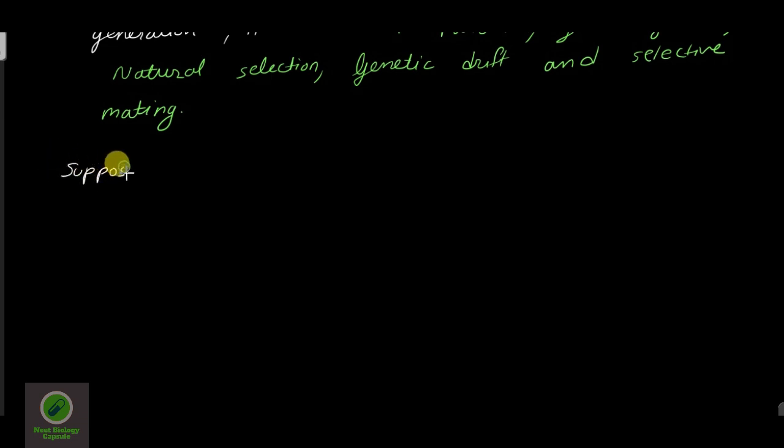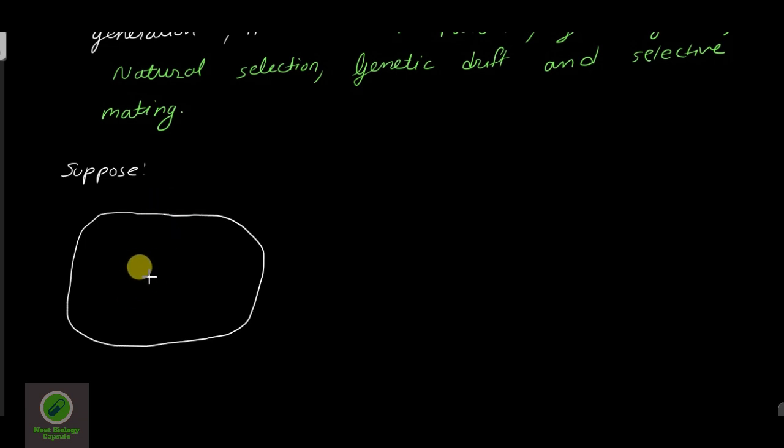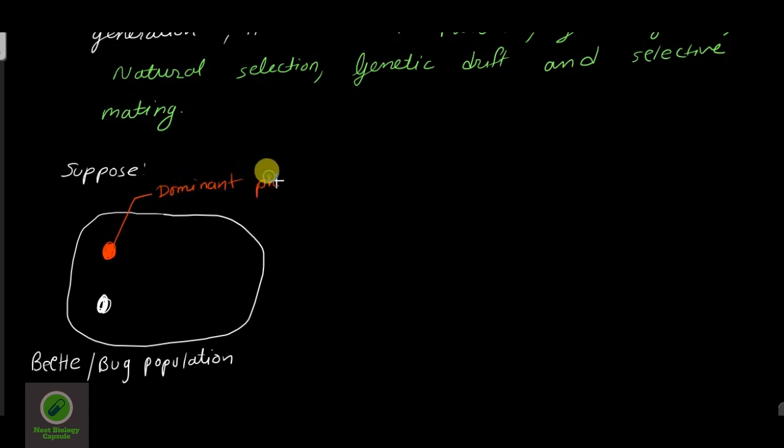Suppose there is an island. There are two types of bug or beetle population, one with red colored wings and one with white colored wings. The red is the dominant phenotype, and the white one is the recessive phenotype.